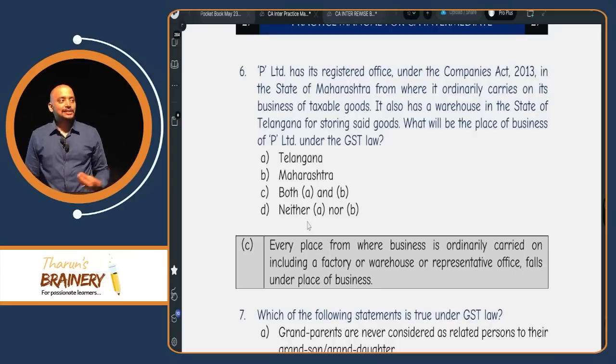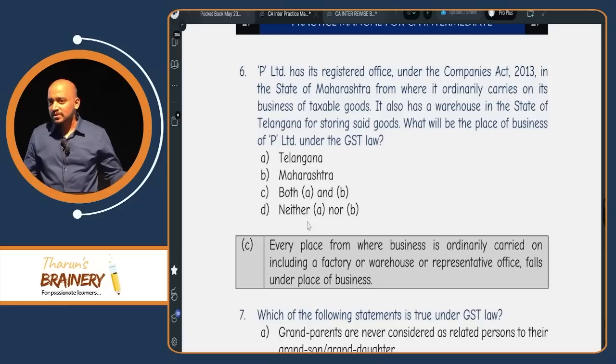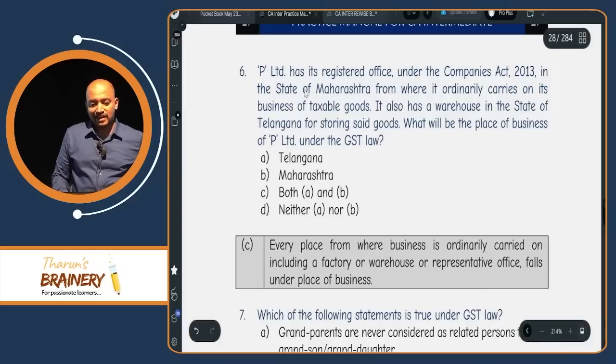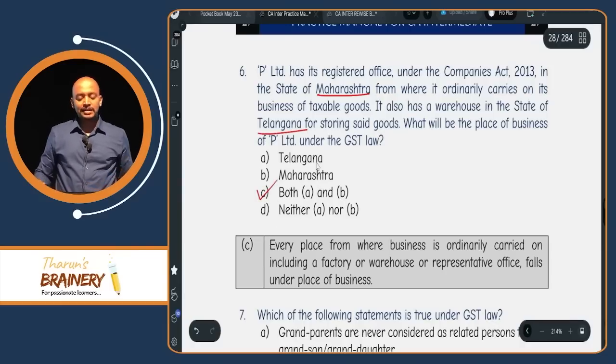See, generally place of business means any place from where the business is ordinarily carried out. So it includes our warehouse or administrative office, everything. So they have a registered office in the state of Maharashtra, so that is also their place of business. And it also has a warehouse for storing the goods in Telangana, so that is also their place of business. So both Telangana and Maharashtra.